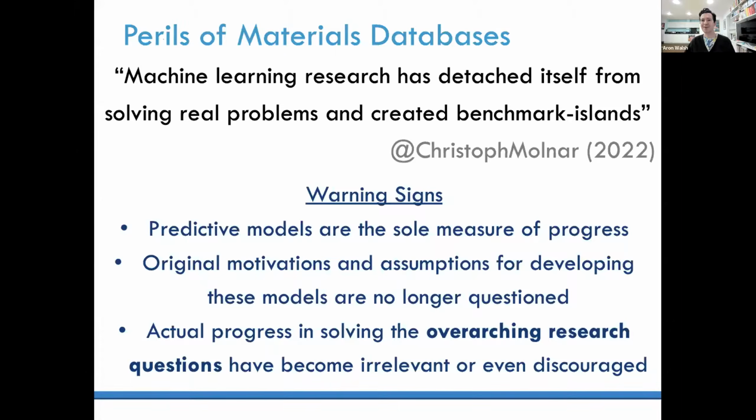I don't think we're there yet for materials. I think we're really at the formative stages where people are taking different models, seeing how they work, trying to develop more accurate approaches, more general, more transferable. But I think it's quite useful just to pay attention to these warning signs.